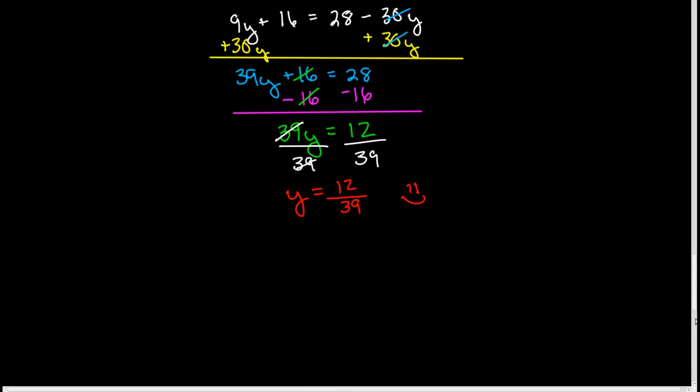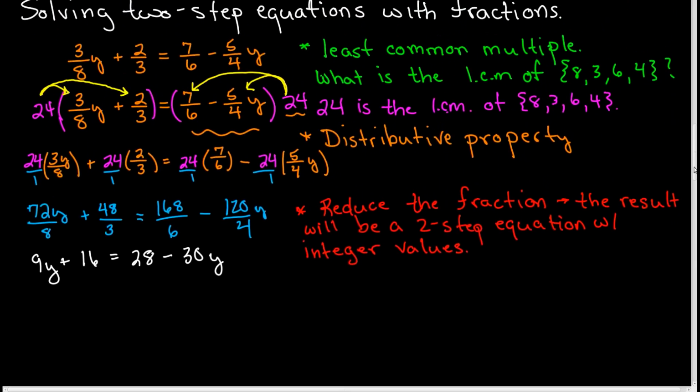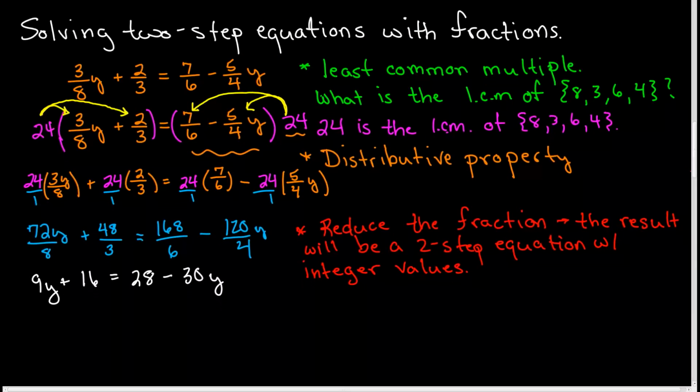So as a recap, let's just look back and talk about our method real quick. Solving these two-step equations with fractions, we started out with this monster. Okay, it looks bad. You're right, it is bad. Not something you want to do with fractions. And what we transformed it into by doing these intermediate steps was this two-step equation with integer values.